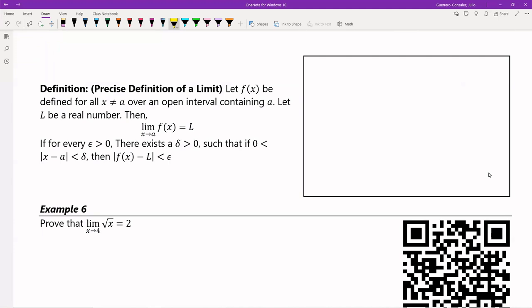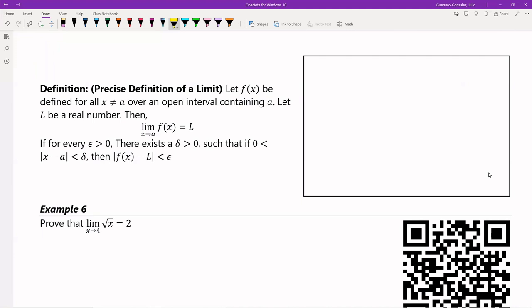As a matter of fact, a lot of you, unless you are going to be studying math for the rest of your life, will not need this. However, I do need to describe it as part of the course, okay? The picture for it is very intuitive. Everything is very intuitive for it, but the description, the definition overall is very, very difficult to grasp. Okay, so let me read it out, okay, and I'm going to show you guys an example, okay?